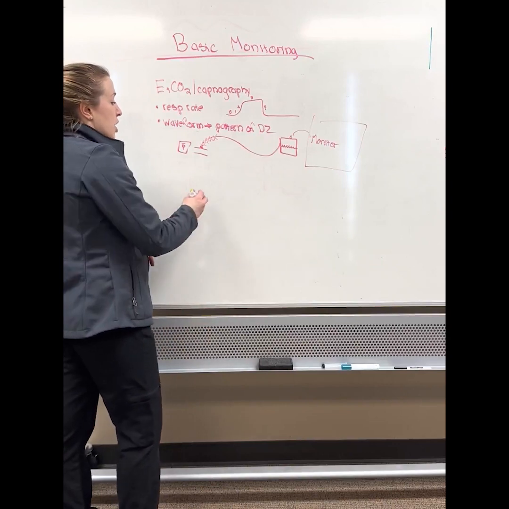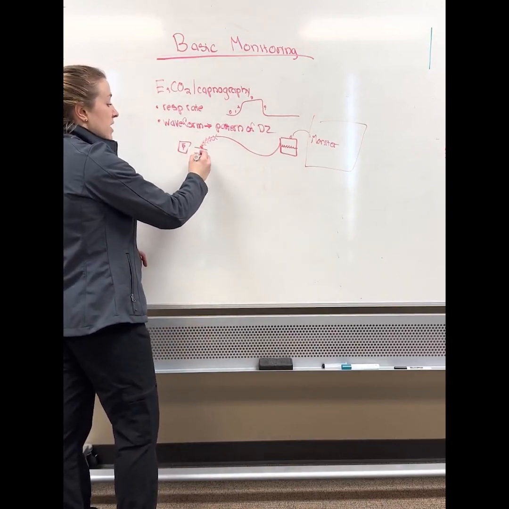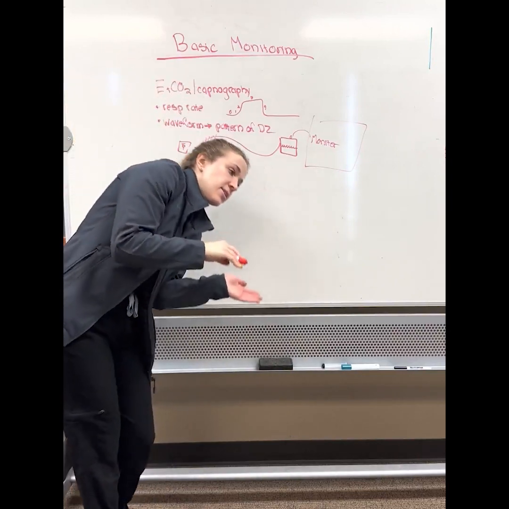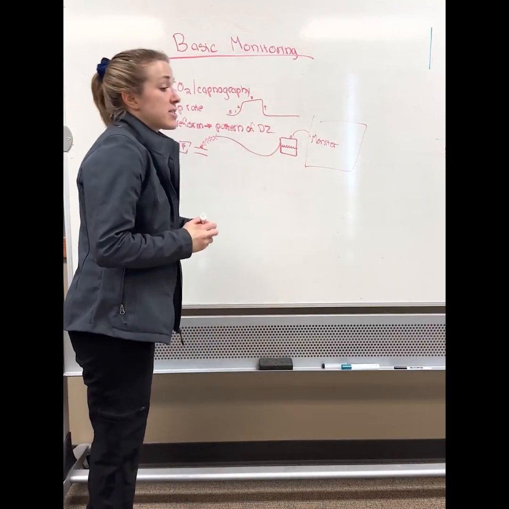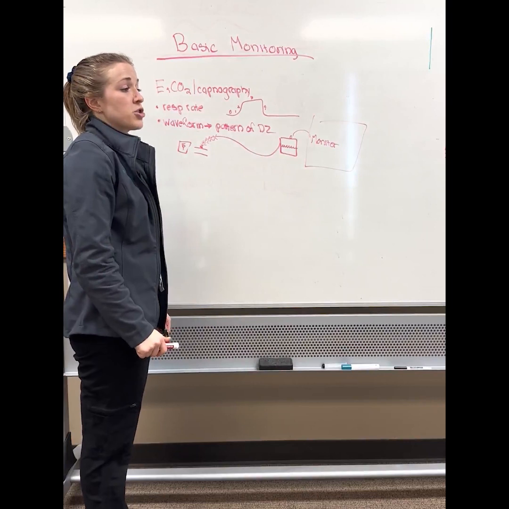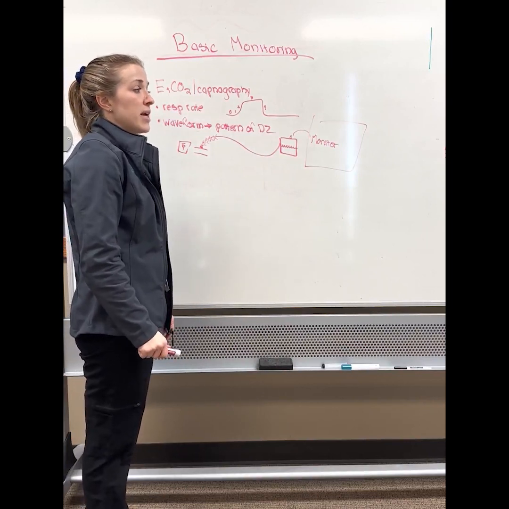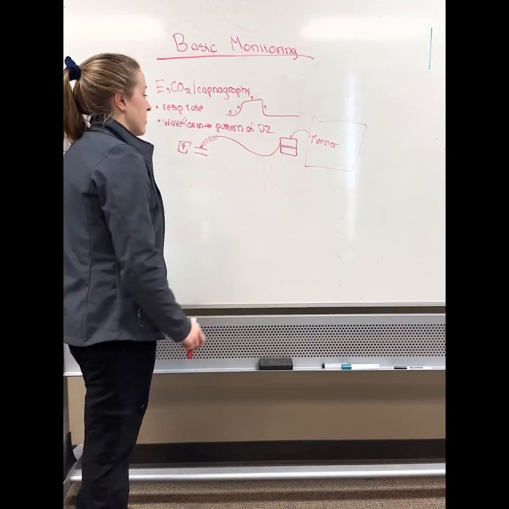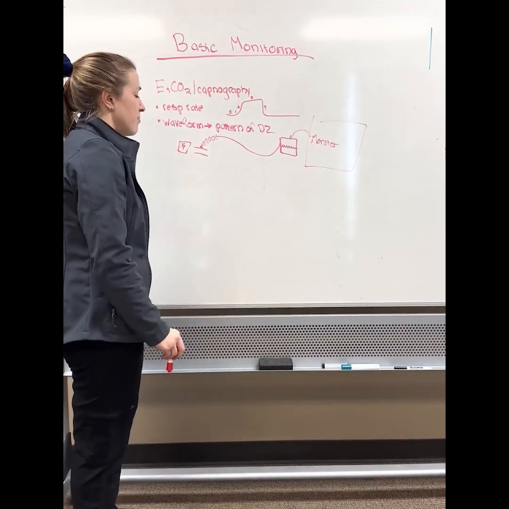So when I attach capnography to animals, I always face the line upwards. I never let it hang to the side or down, because not only can it break, which makes your CO2 unreliable, but it can get condensation or liquid in there and then it destroys the equipment. So always face this up, okay?